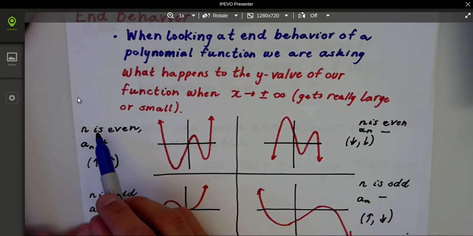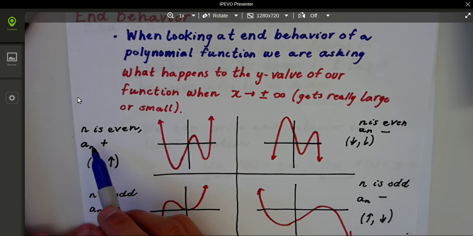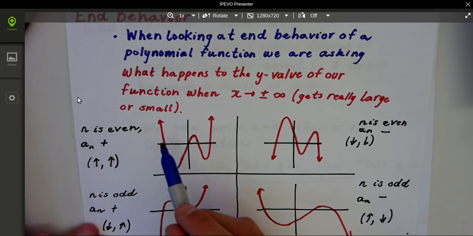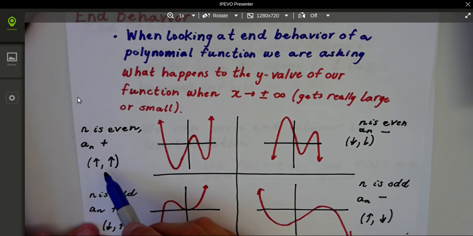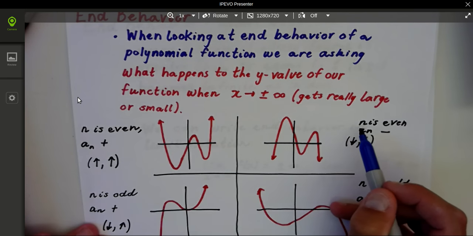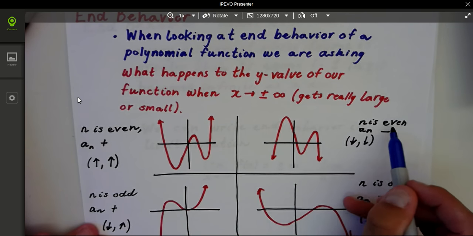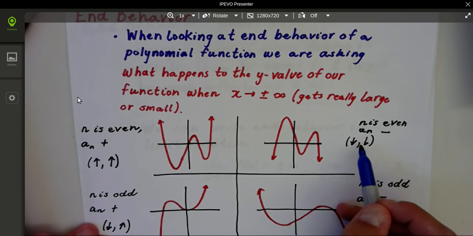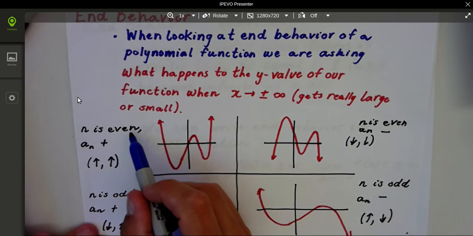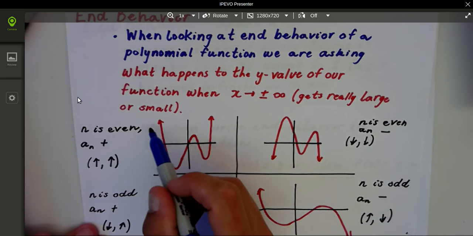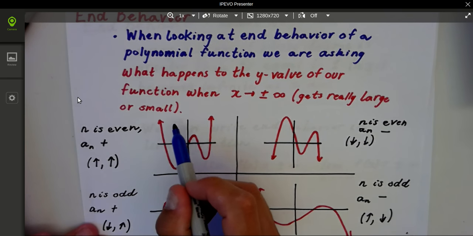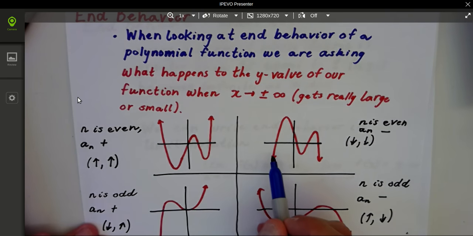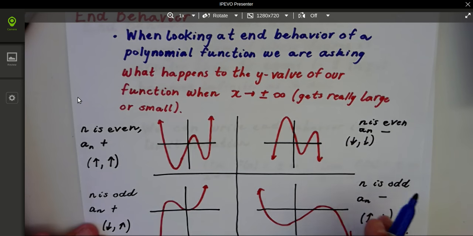When it's down, you still have an even power, but your leading coefficient a sub n is negative. We say that's down, down. So when the power on your leading term is even, notice that the end behavior is both going in the same direction, either up or down.